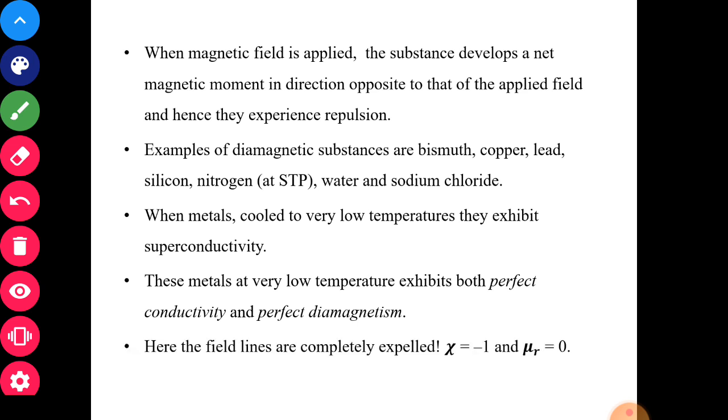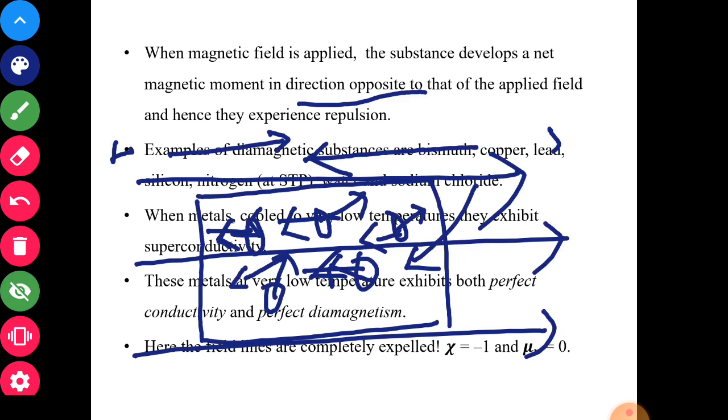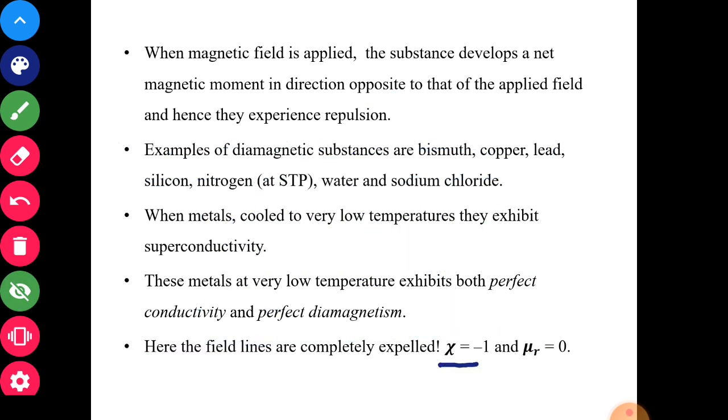Here what will happen? Field lines will be expelled out. They will not pass through the diamagnetic substance and will be repelled by it. No field line will pass through it, and at that time the value of susceptibility will be -1 and mu r will be equal to 0.